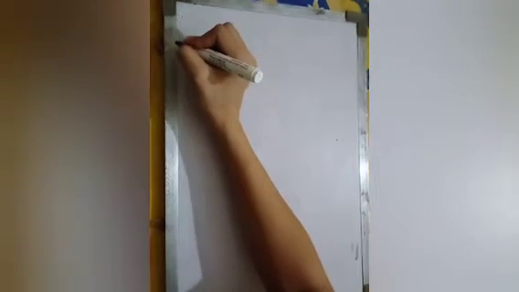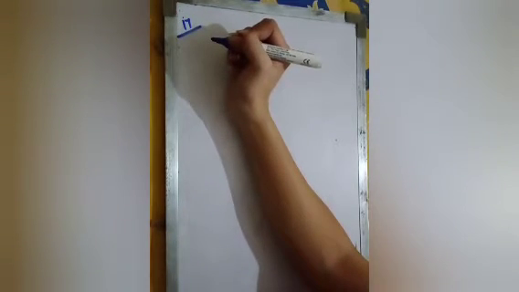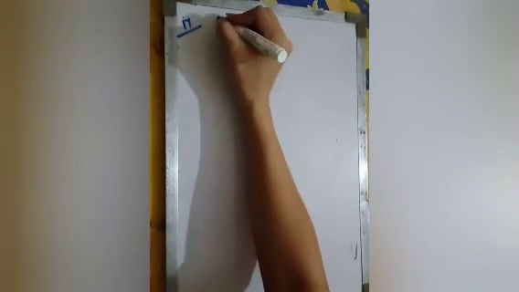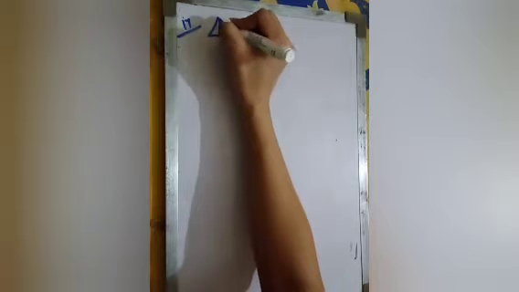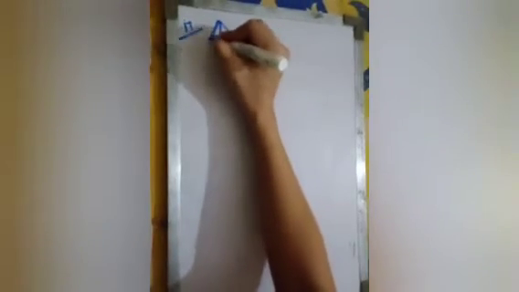Question number 17 is saying the altitude of a triangle is 5/3 of the length of its corresponding base. See, this is a triangle and this is the altitude. Altitude means height. And this is the base.